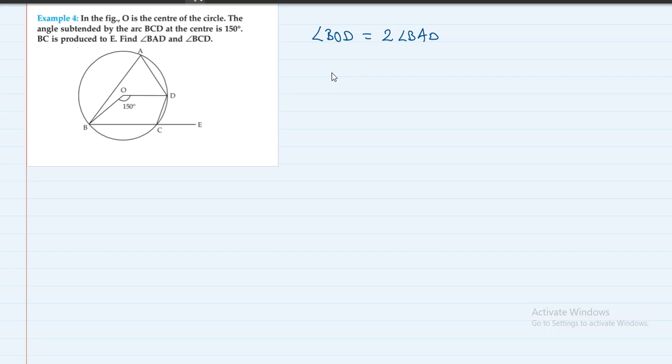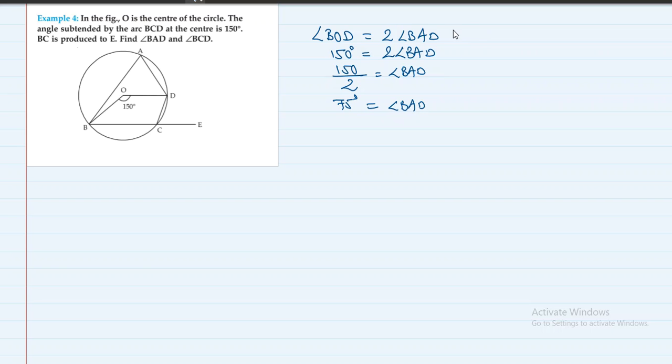Angle BOD is 2 times angle BAD. So angle BOD कितना है? 150 degree is equal to twice angle BAD. So 150 by 2 is equal to angle BAD. 150 by 2 is 75 degree which is equal to angle BAD.